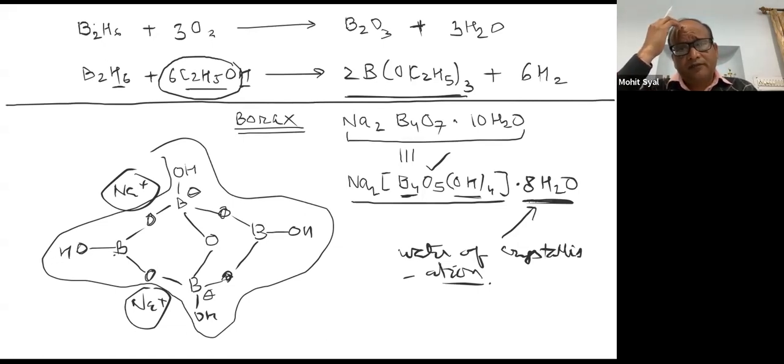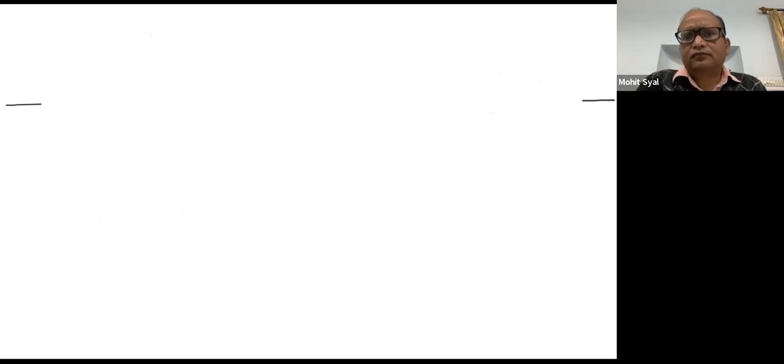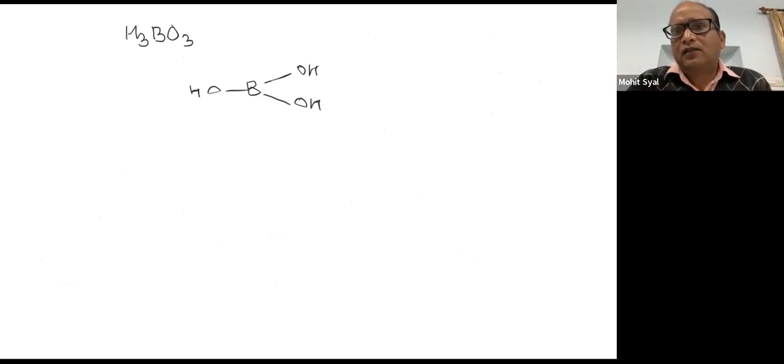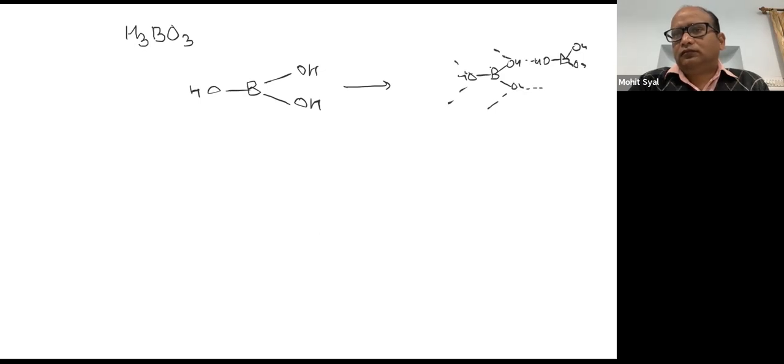And now let's talk about one more compound which is very common, that is H3BO3. We have seen its preparation in the starting. This is the structure. So here also what happens is these orthoboric acid units join together.